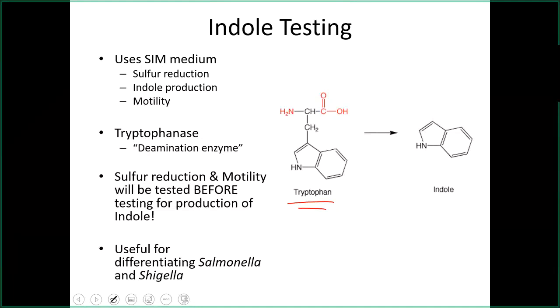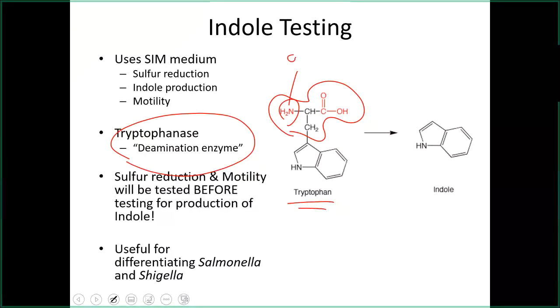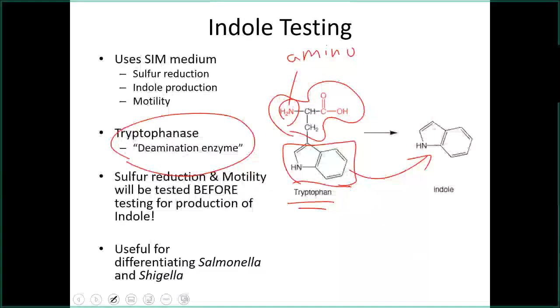They take it up, and if they have a particular enzyme known as tryptophanase, they will deaminate the amino acid, which literally results in the removal of this section here, which contains an amine group or amino group. That's all removed, and this is the residue that's left behind. That's the indole.